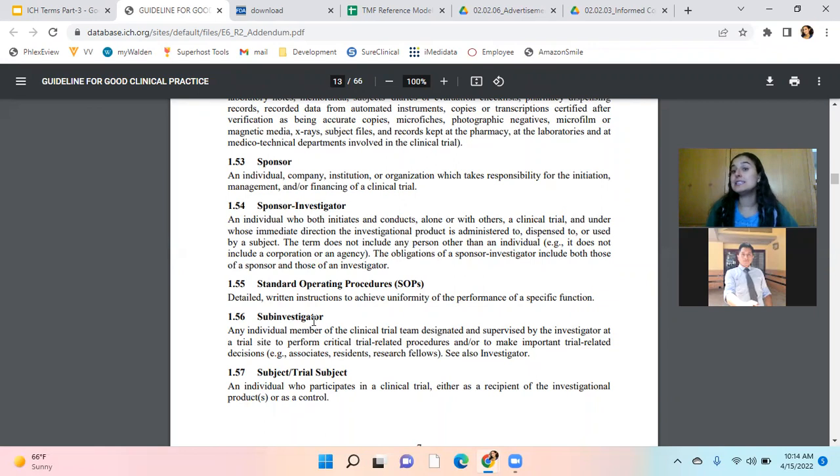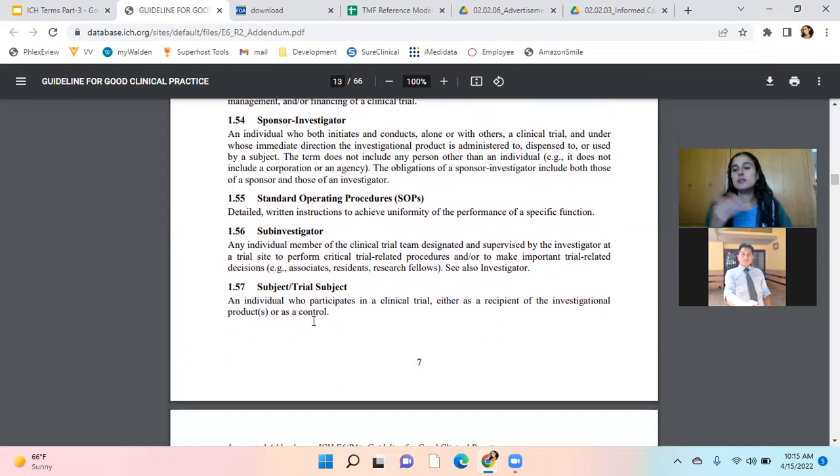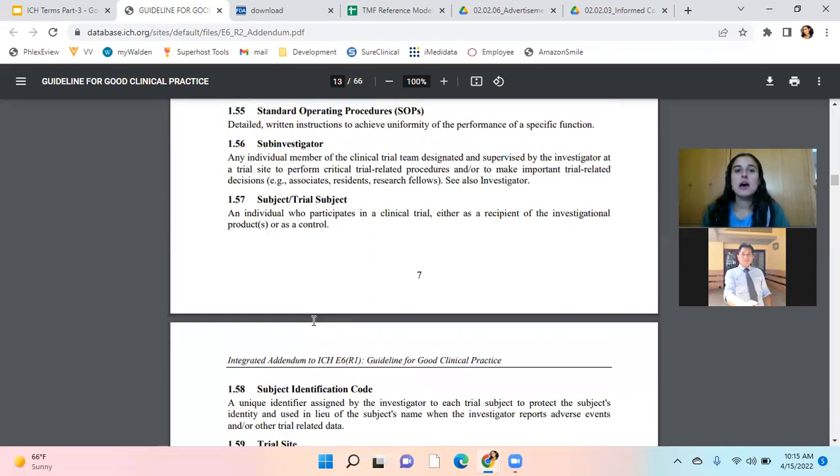It works if they're seeing tons of patients and you need lots of people to help support it. But if they're not seeing tons of patients and it's not a lot of work, then there's no reason to have 10 sub-Is, because each sub-I gets less interaction with the patient and less familiarity with the study. So the sub-investigator is the level below the investigator. You have a PI and a sub-I. So there are terms to know.